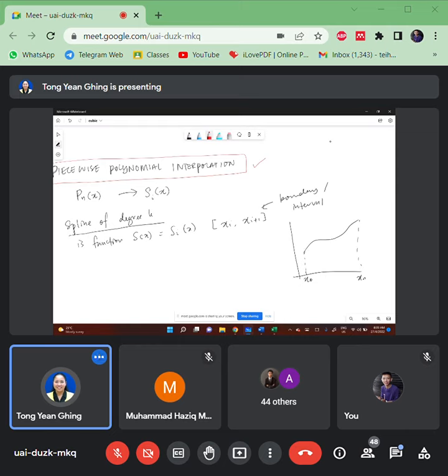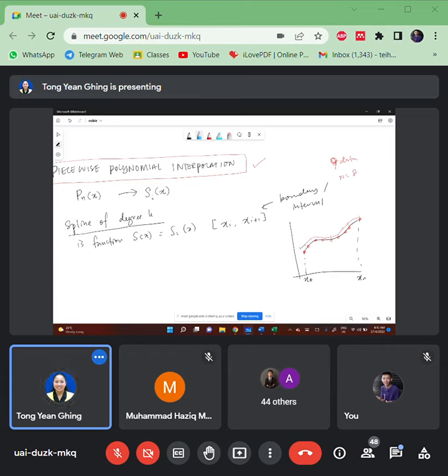We have many points here, so that's why we use piecewise polynomial, where we separate into a few segments based on the data points. If we have data points, let's count: 1, 2, 3, 4, 5, 6, 7, 8, 9. Let's say 9 data points, so n is 8. From n we can know how many segments we will have.